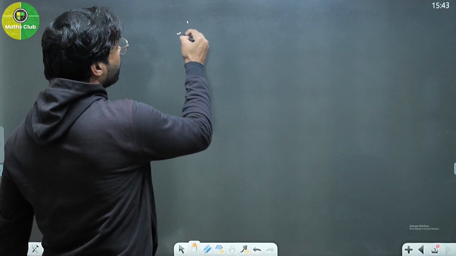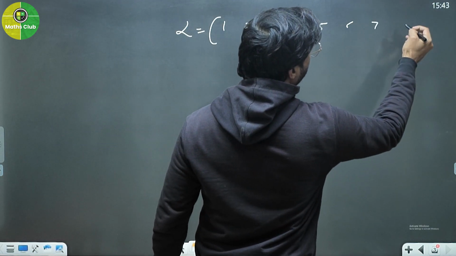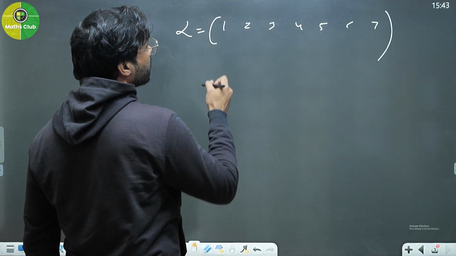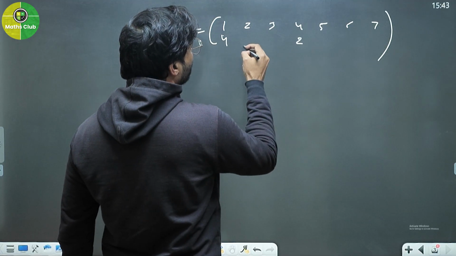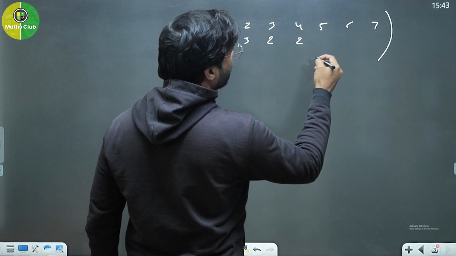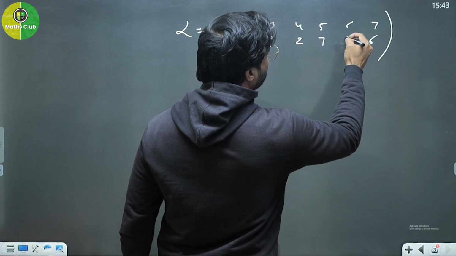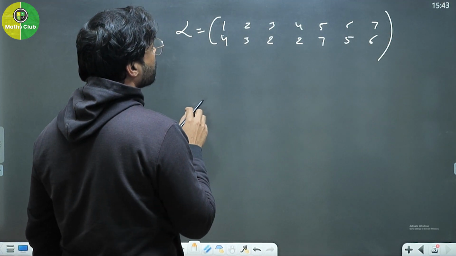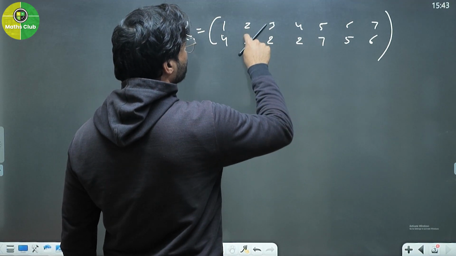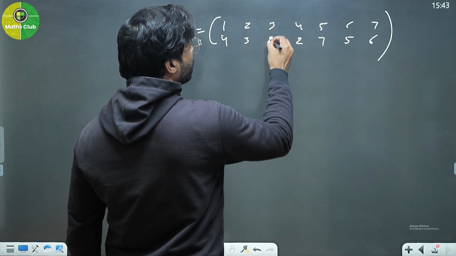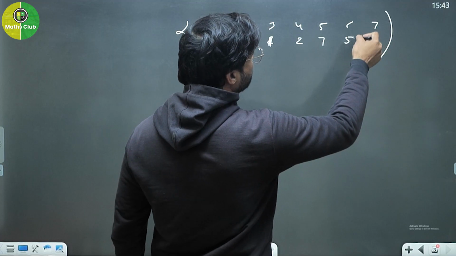Suppose alpha is given on 1 2 3 4 5 6 7, where 1 goes to 4, 4 goes to 2, 2 goes to 3, and 3 goes to 1, and 5 goes to 7, 7 goes to 6, and 6 goes to 5.